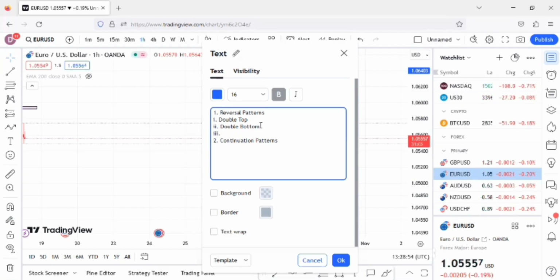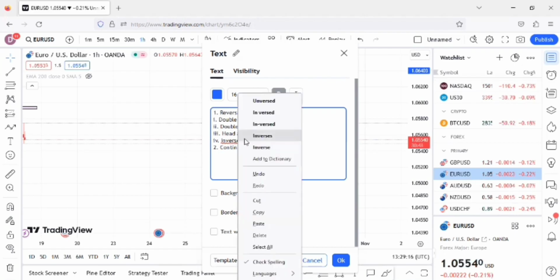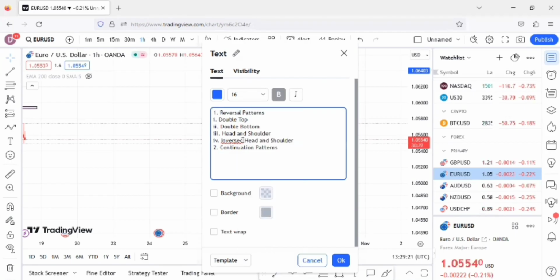we have head and shoulder. 4, we have inverse head and shoulder.